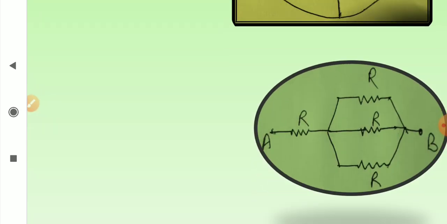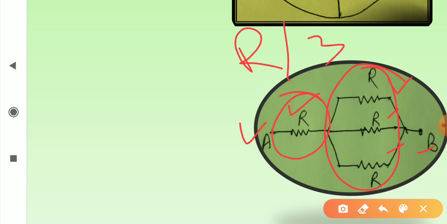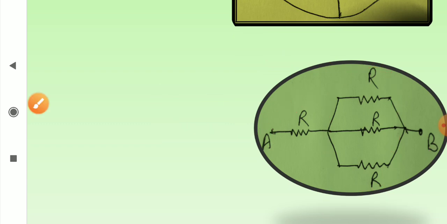So now simplifying it, what we get, see, A, then R in series, and this R in parallel, and then point B. And then we find the resultant of this one. The three R are equal and in parallel, so their resultant is going to be R by 3, and add the series R, plus R, and you will get 4R by 3.